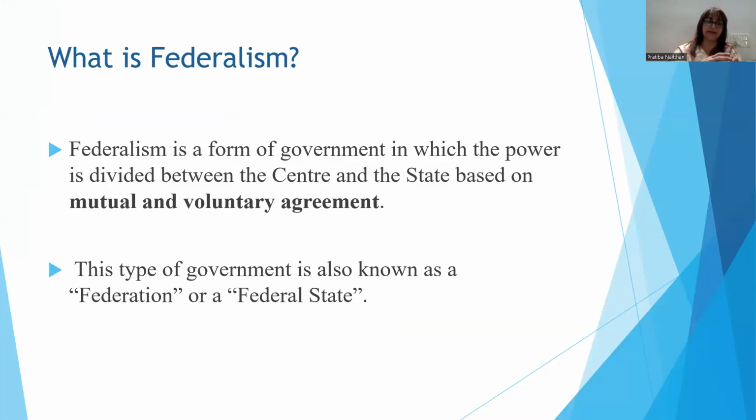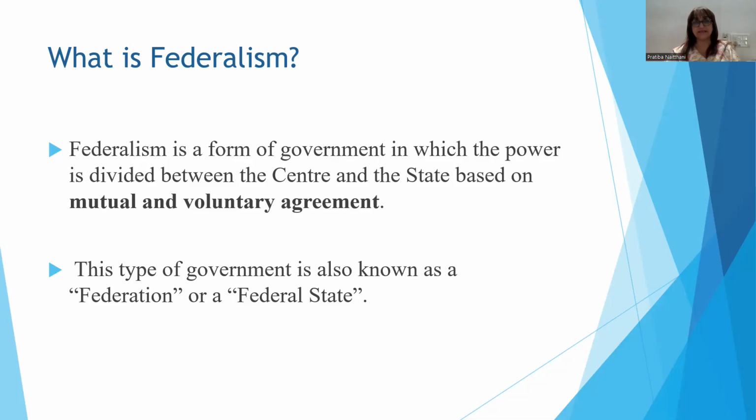And then the territory of the nation is divided into federating units, or what we call states. Each state or federating unit has its own government. The point to be noted is that this is based on a mutual and voluntary agreement.